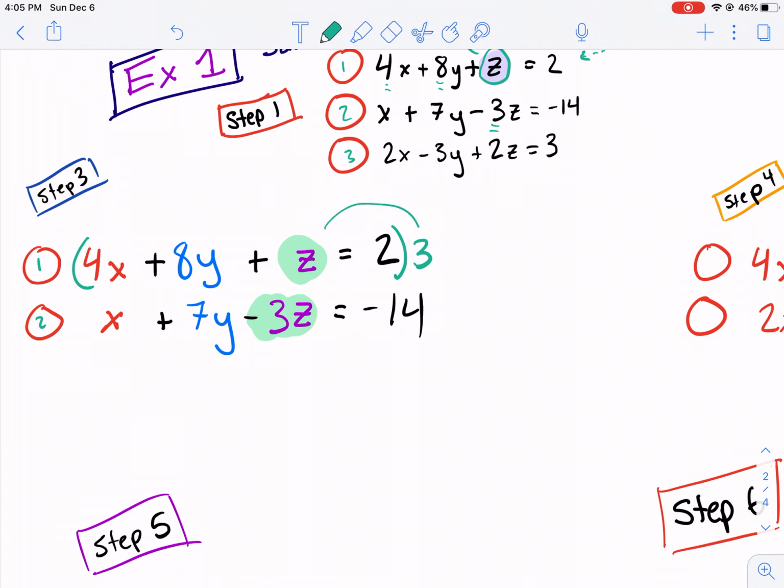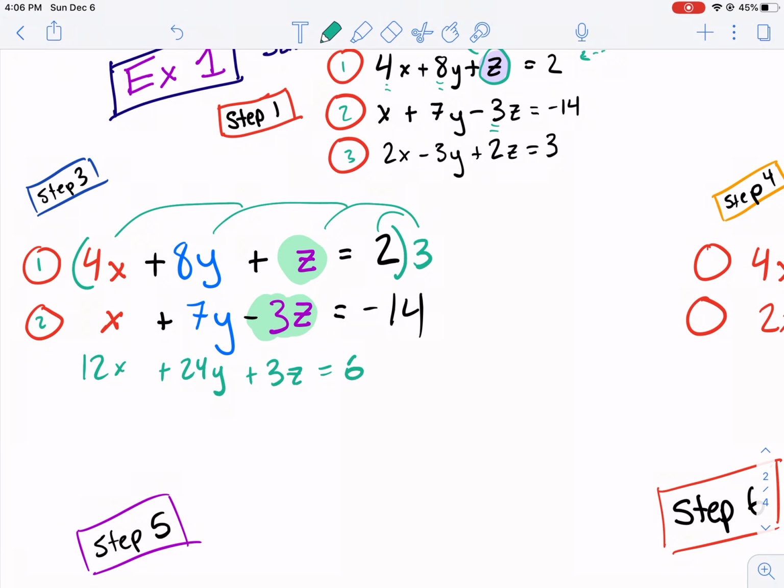We multiply 3 by every term in this equation, even the 2. Don't forget about the 2. Once we do that, we get 12x plus 24y plus 3z equals 6.